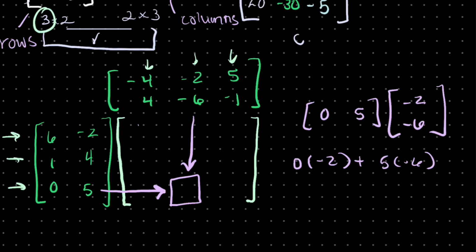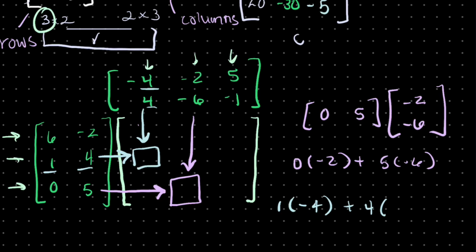That process is the same, but in terms of determining what row and column you're looking at, you can get it from this little chart, right? So then say I want to find this one. Well, this is going to take this row and this column. Again, you have to do that math, right? The first of the first row times the first of the column plus the second times the second. And we'll get negative 4 plus 16, which is 12.